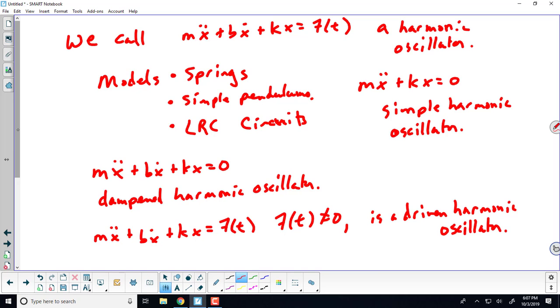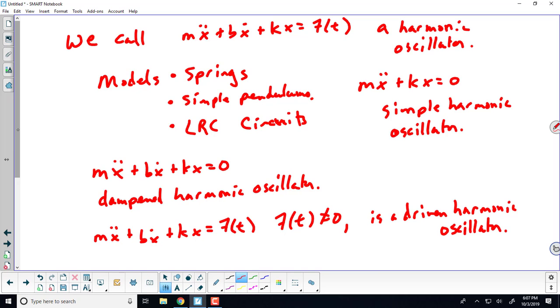Okay? So if you take and release a spring, it's going to oscillate back and forth. It's got this restorative force here that's due to Hooke's law. If you want to take into account some sort of air resistance or some sort of friction, then you've got this dampening force here.